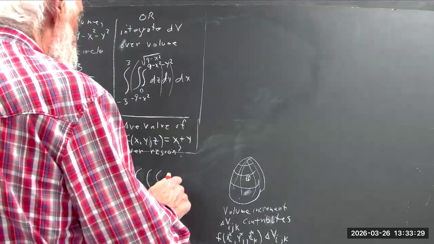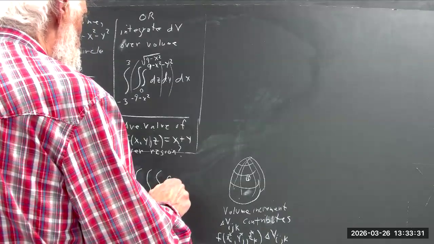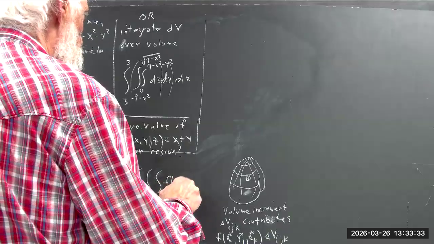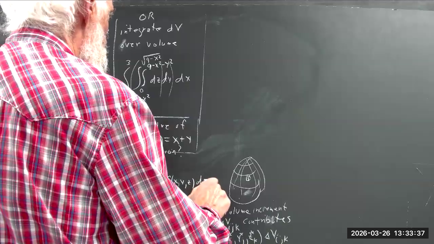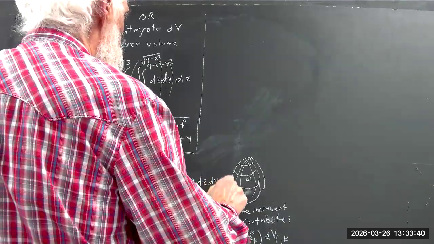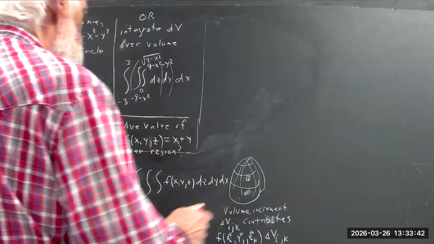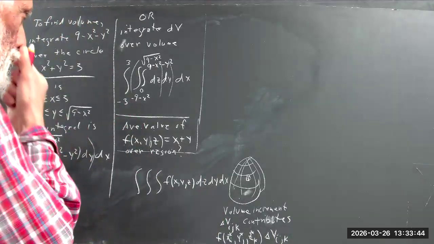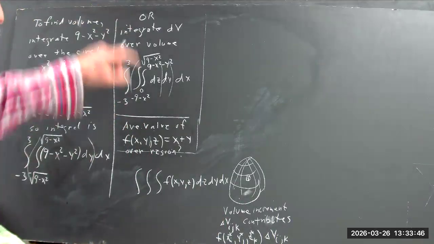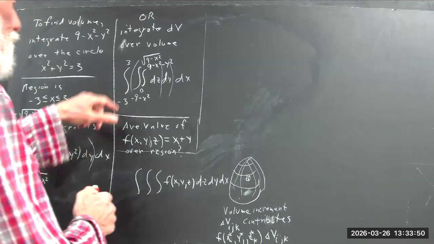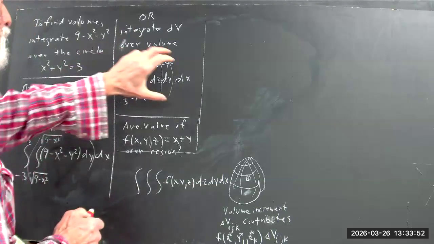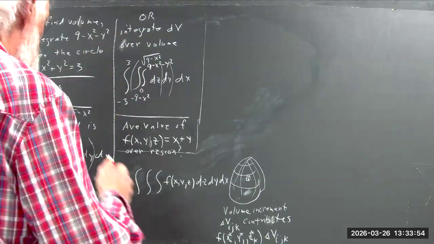Because of this, without going to all the formalities, right there's your integral. It's over this region, and this region's already been described in inequalities. So it has the same limits that this one does. This is a volume integral.